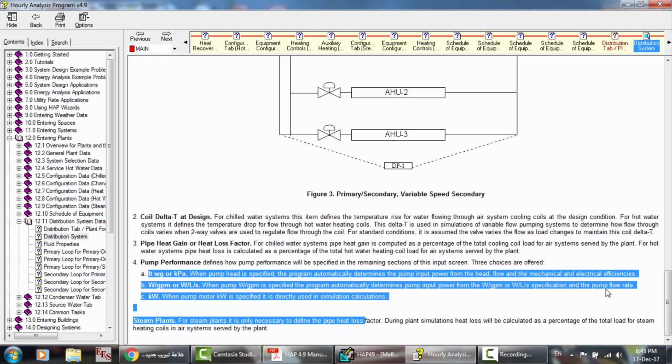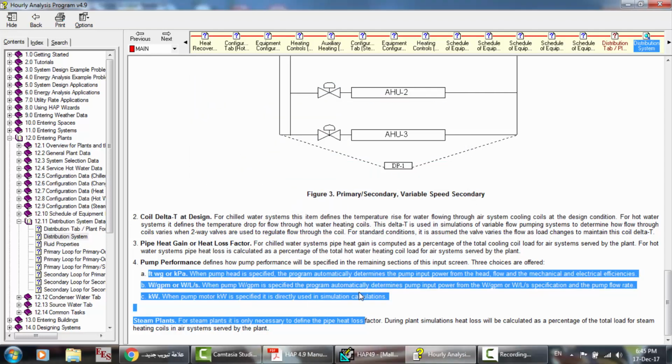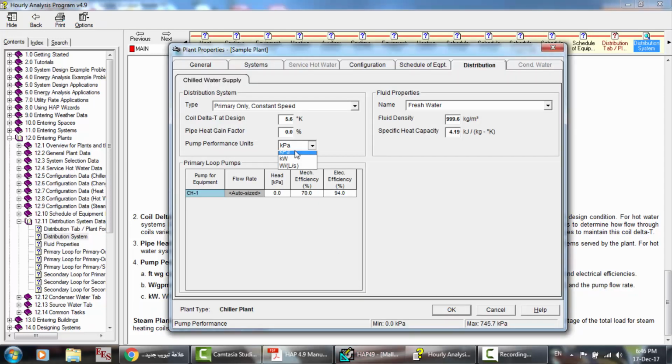If you use watt per liter per second, when pump watt per GPM is specified, the program automatically determines pump input power from the W per GPM or W per liter per second specification and the pump flow rate. If you use kilowatt directly, when pump motor kilowatt is specified, it's used directly in the simulation calculations. So I think this is the recommended one. You can get it easily.